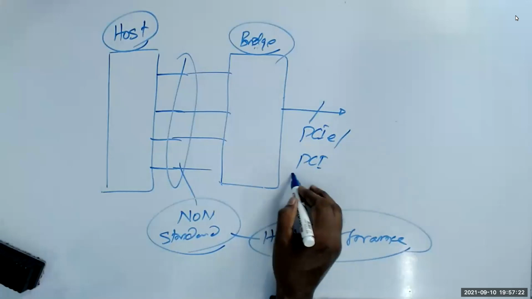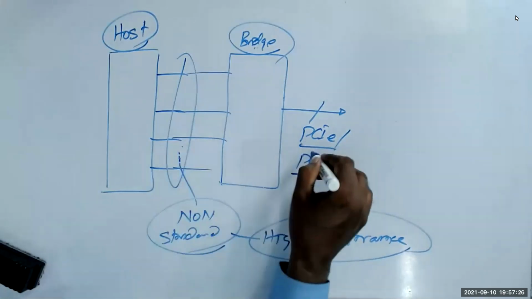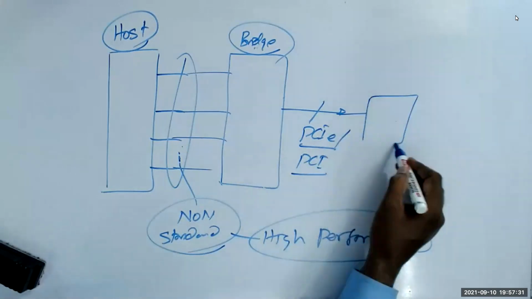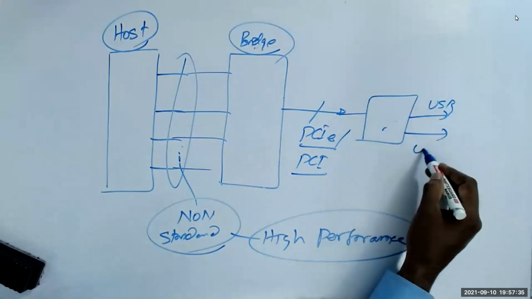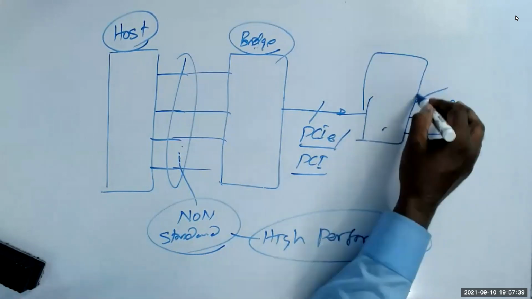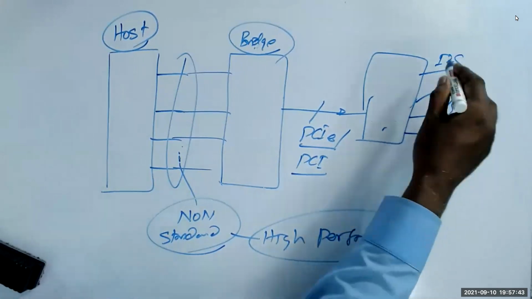They're all high speed, but not as fast as the host bus. Then from the PCI, I will get to USB, UART, SPI, I2C, everything. They are slow. The others are very high speed.